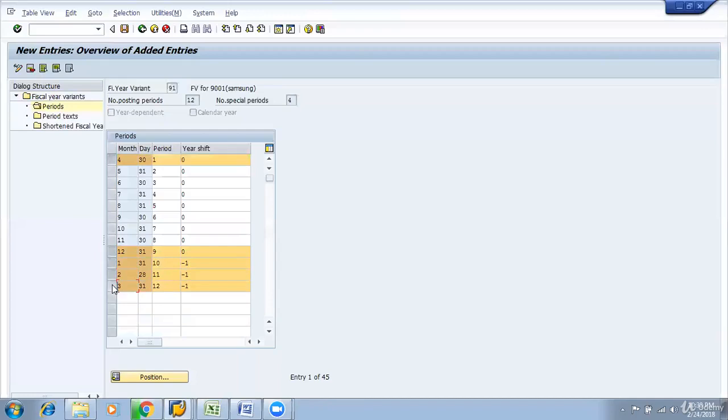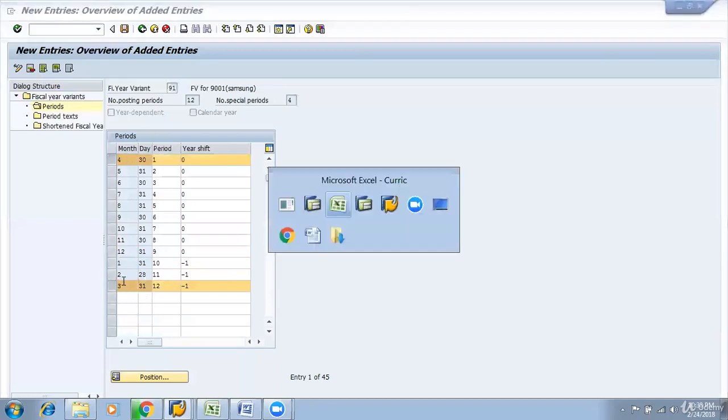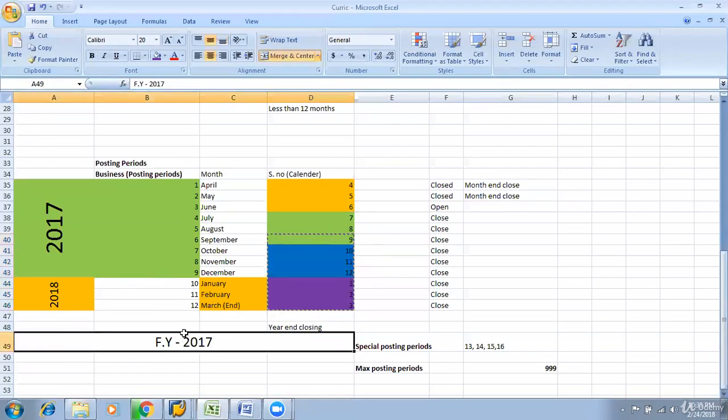January, February, and March correspond to 2018, correct? Though they fall under the 2018 calendar year, my business year is still 2017. April 2017 till March 2018 is still 2017 as my fiscal year.